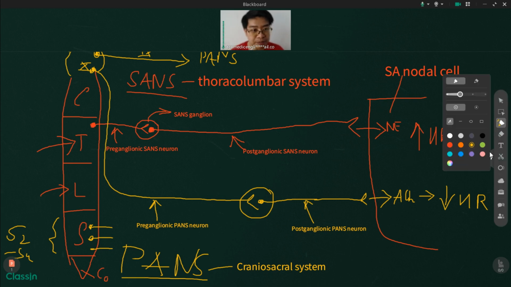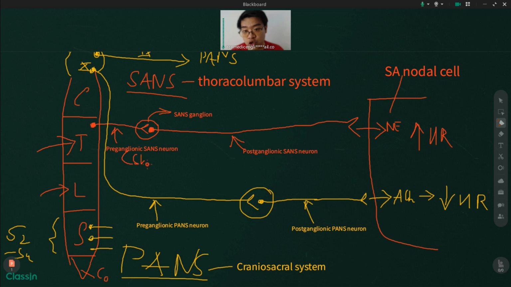As you can see here, for the SANS, is the preganglionic neuron short or long relative to the postganglionic neuron? It's short, right? This one is very short. How about the postganglionic neuron? It's very long, right? So it's different. So in the SANS, the preganglionic neuron is short, while the postganglionic neuron is long.